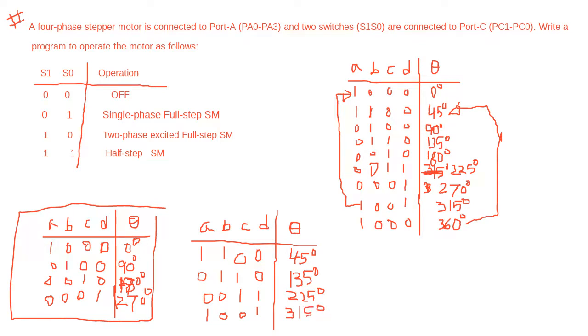If it is again A and B only, 90 plus 315 is 405, and 405 is 360 plus 45. So it will be 45 degree. Again the angle repeats.